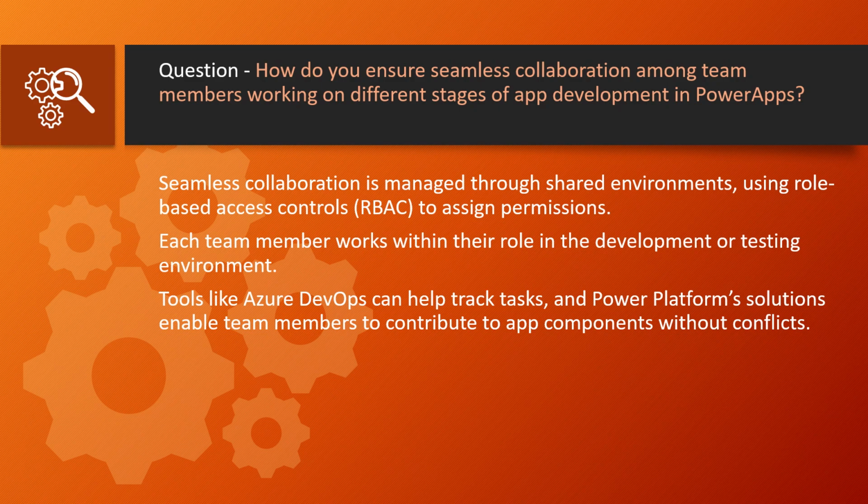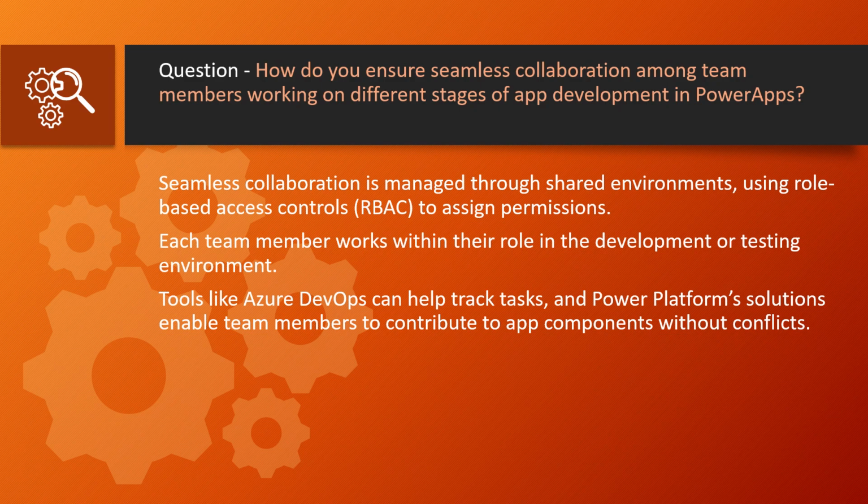Next question is, how do you ensure seamless collaboration among team members working on different stages of app development in Power Apps? So for seamless collaboration, it can be managed in a shared environment by using RBAC. RBAC is nothing but role-based access control, and it is used for assigning permissions.